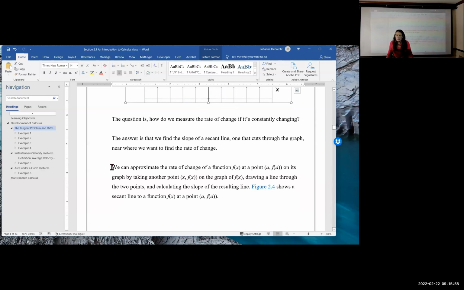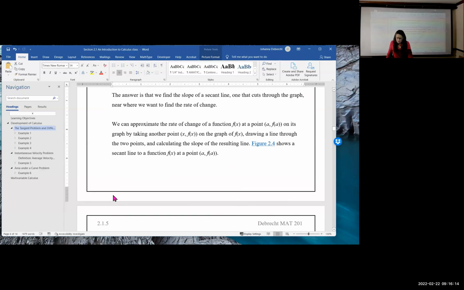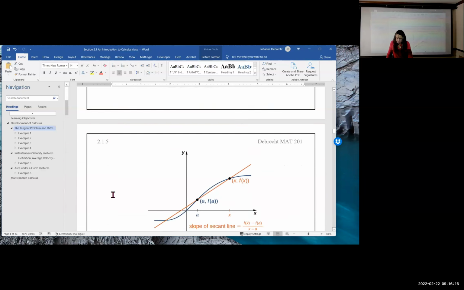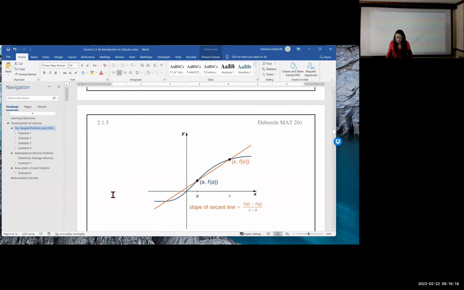So how do you measure the rate of change if it's constantly changing? And the answer is you use the slope of a secant line. A secant line is a line that cuts through the graph at 2 points, and you can measure the rate of change by looking at the change between the 2 points on the graph. So when you're looking at this graph right here, you've got f of a and x, f of x.